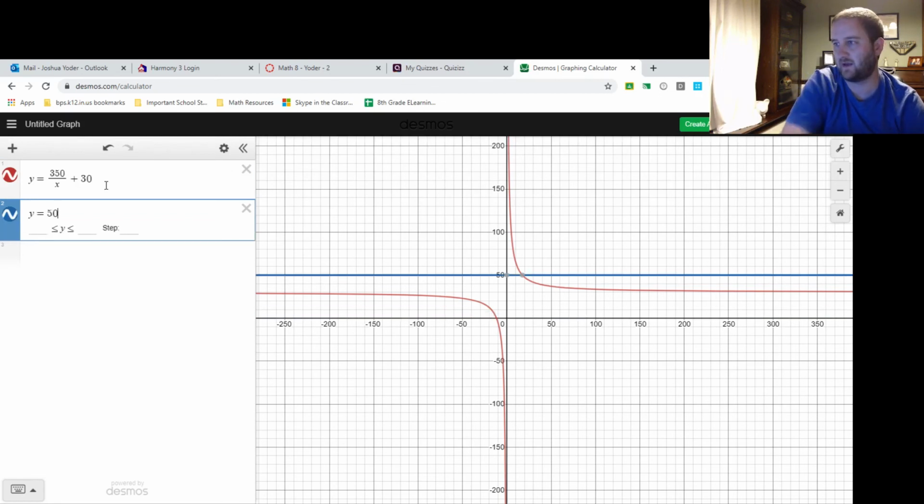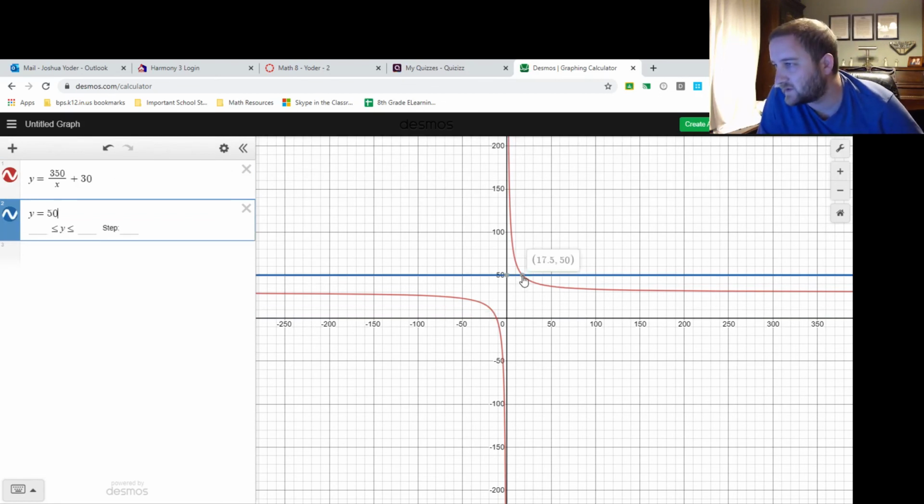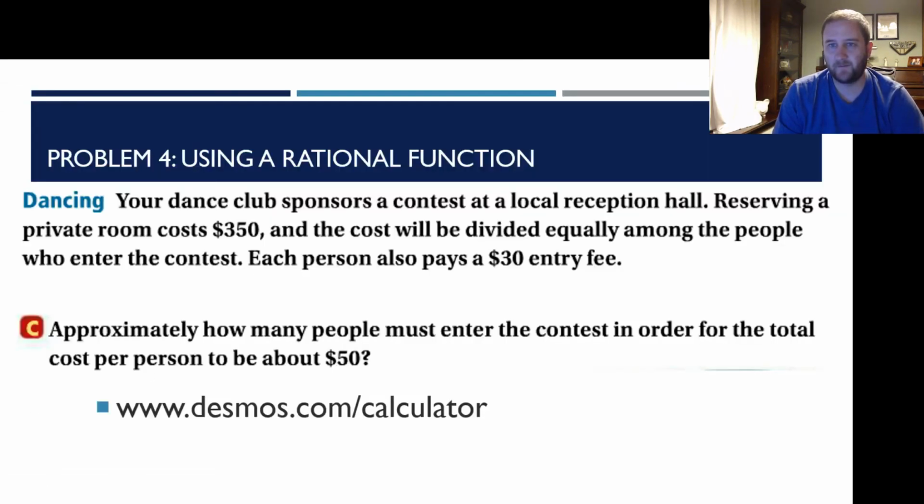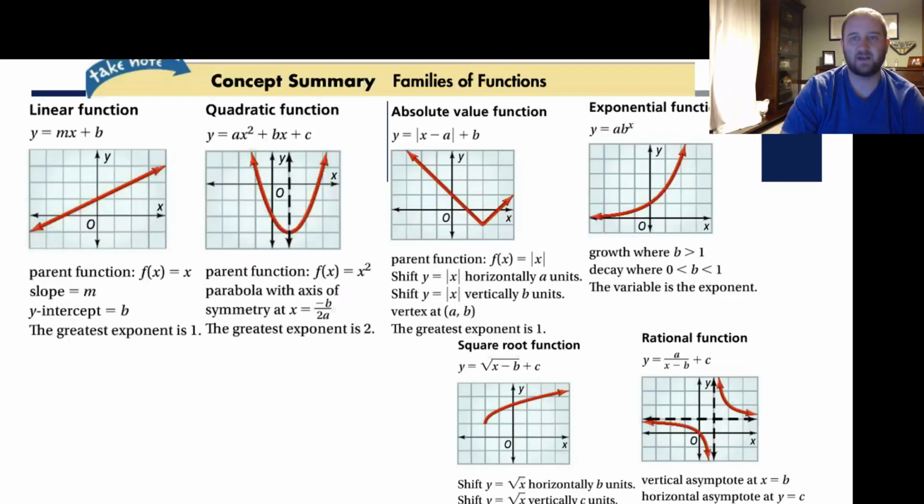Let's plot a line here, and then we should be able to see right here there needs to be approximately 17.5 people. So like 17 or 18 people need to participate for the total cost to be about $50. All right. So that's how you use Desmos for these types of things.